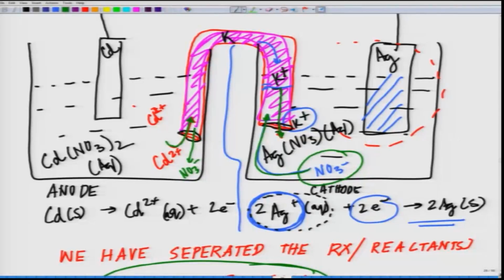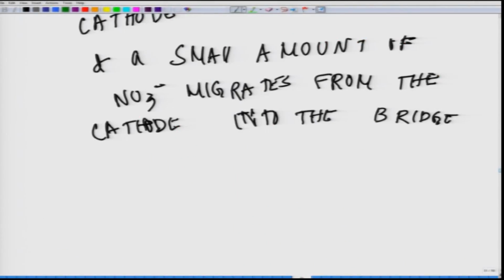That is very important for you to understand. Now, if we go back to the cathode and the bridge, this part is very important, the ion migration. Why is this ionic migration essential?